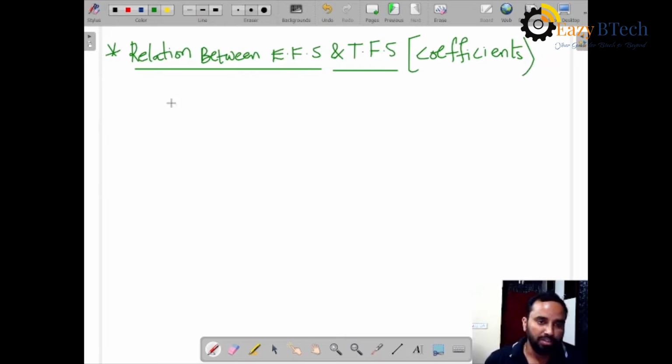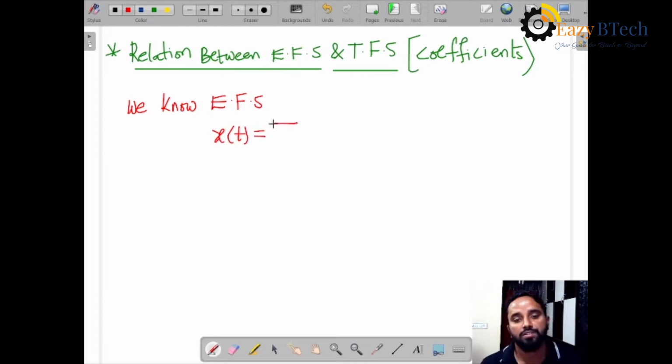So first I go with exponential Fourier series. We know the exponential Fourier series: x of t is equal to summation from minus infinite to plus infinite Cn e to the power jn omega naught t.